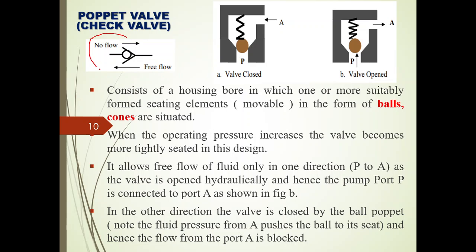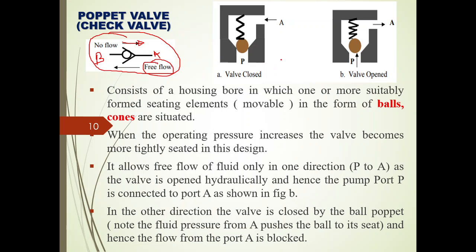So this is the symbolic representation of a one-way valve or a check valve, right? So the free flow will be taking place from A to B, whereas there will not be any flow from B to A, right? That means in only one direction the fluid flow is allowed, right?